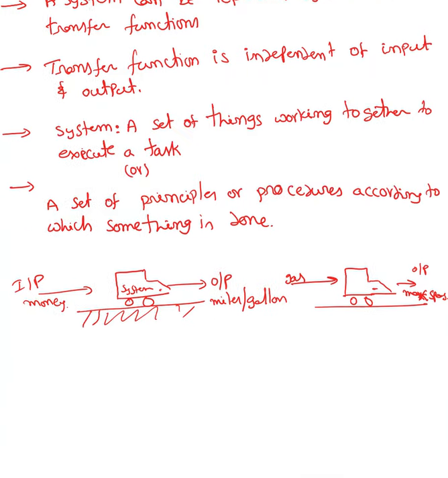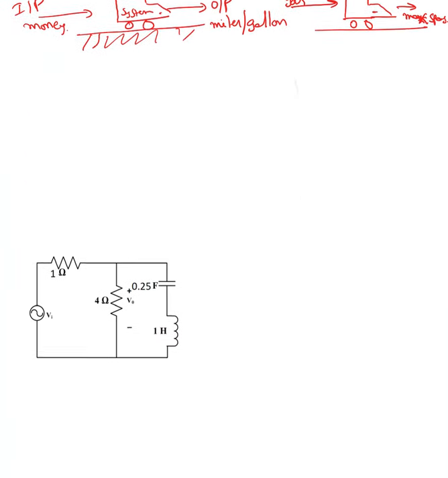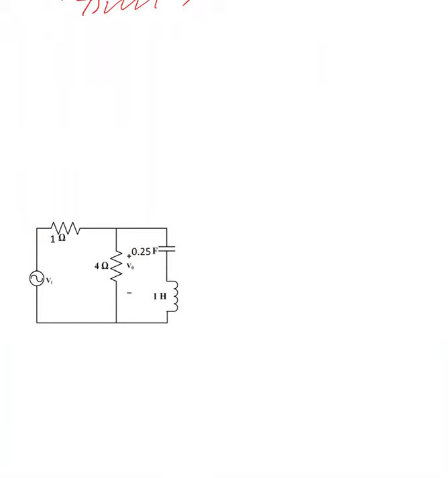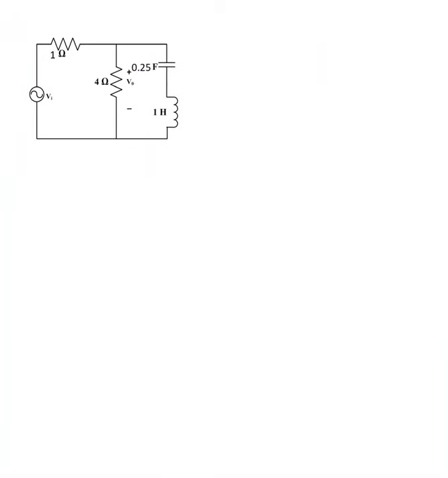Now we're going to talk about a simple circuit. Here we're asked to find the transfer function. Transfer function is V naught over V input, which is H of S. This is output voltage over input voltage, called voltage gain. First we need to convert the system into the S domain.